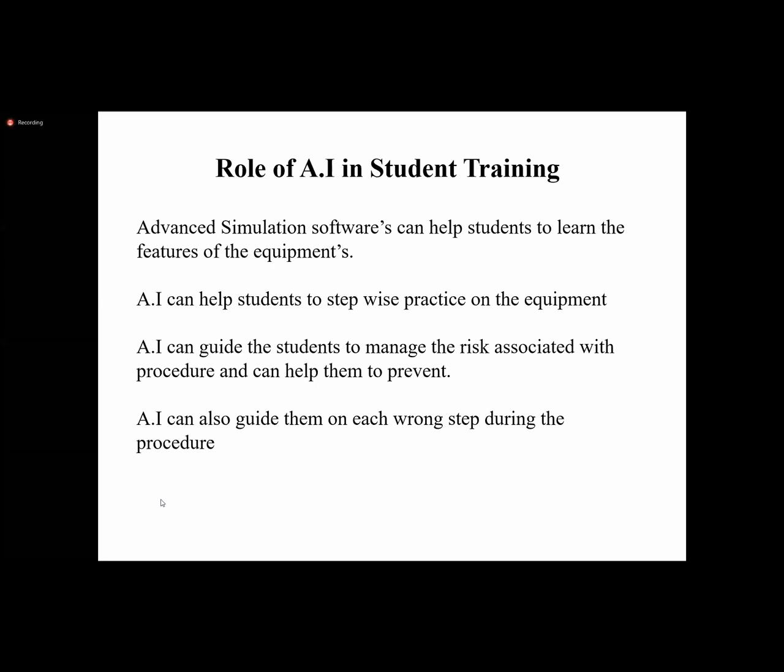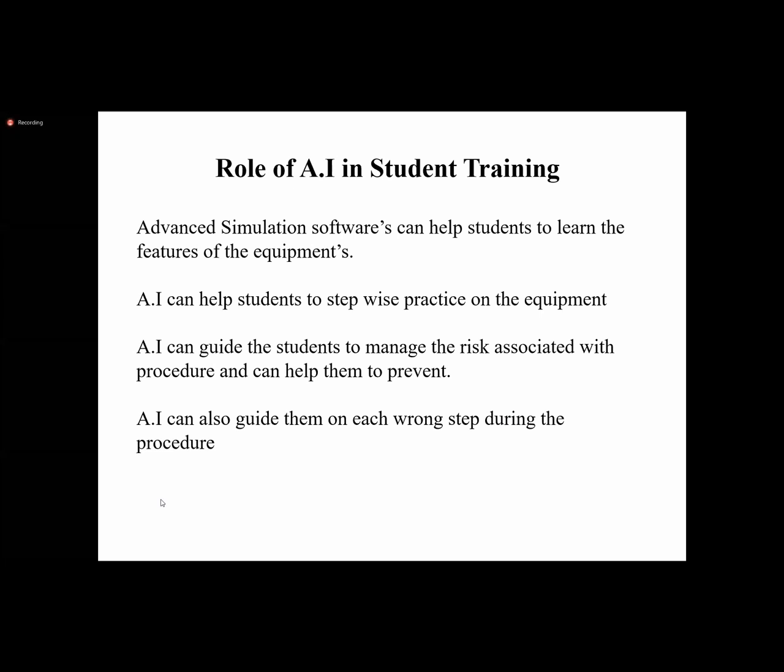First taking the history, after that the preparation of the patient, then positioning, then the setting of our radiation exposure, kV and mAs techniques, and after that printing the films. So stepwise, it can help also. And AI can also guide the student to manage the risk associated with the procedure so that they can improve.